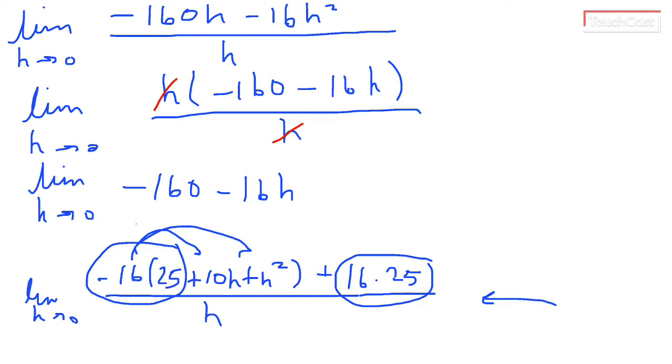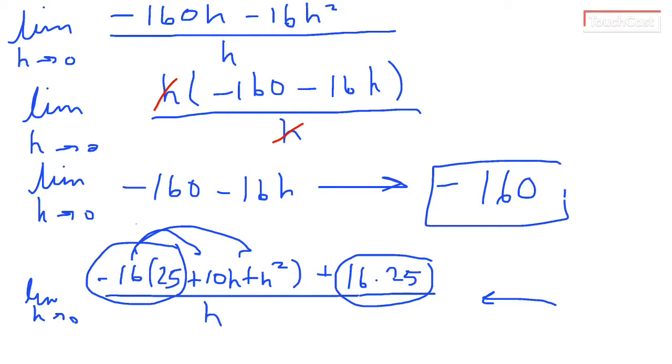Now I don't have a divide by 0 problem anymore, so I'm going to simply replace h with 0, and I'm going to get a slope of negative 160. So the slope of the graph of y equals negative 16x squared at the place where x equals 5 is negative 160.